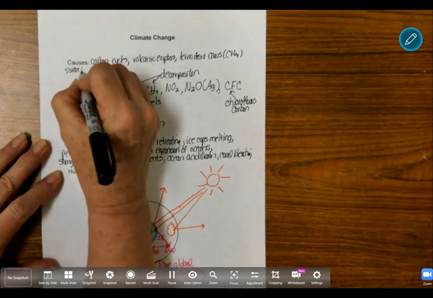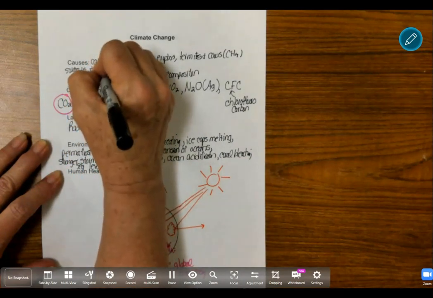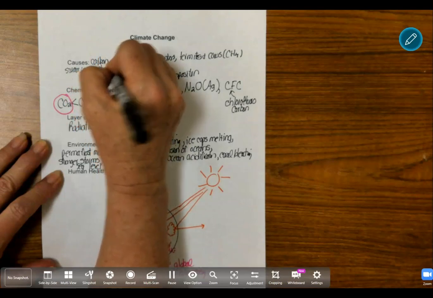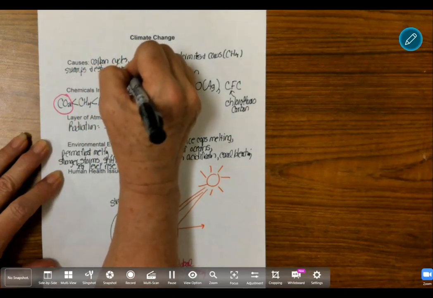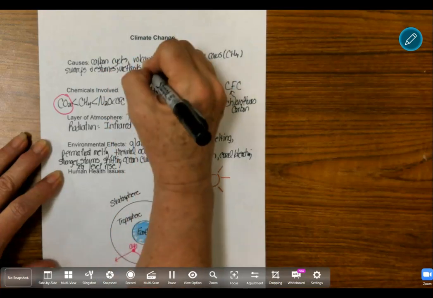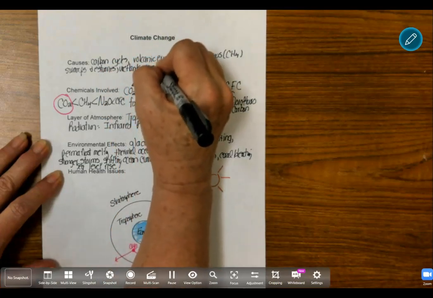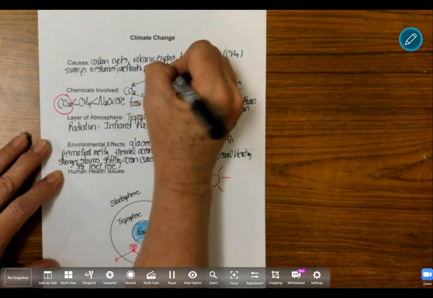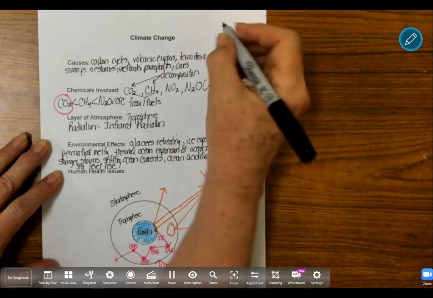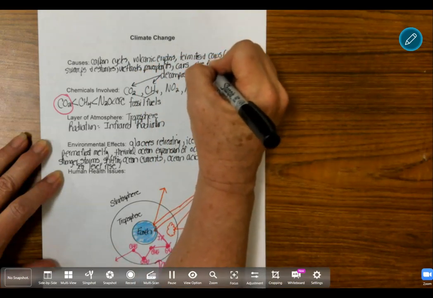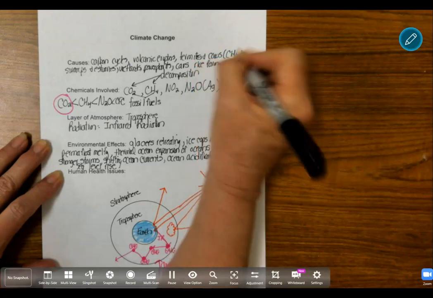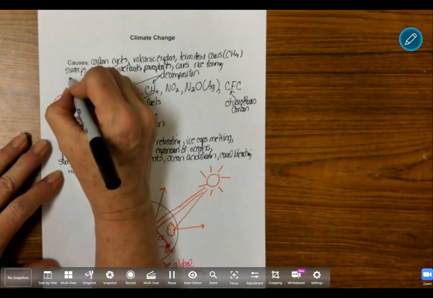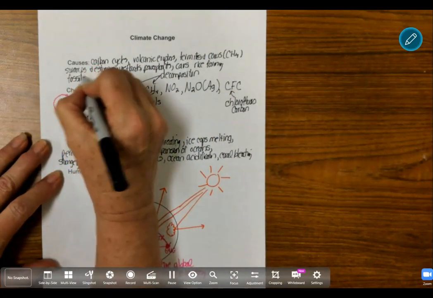Swamps and estuaries, wetlands, and of course, power plants, cars, rice farming. All of these things, I'm just going to put here, of course, as fossil fuels.